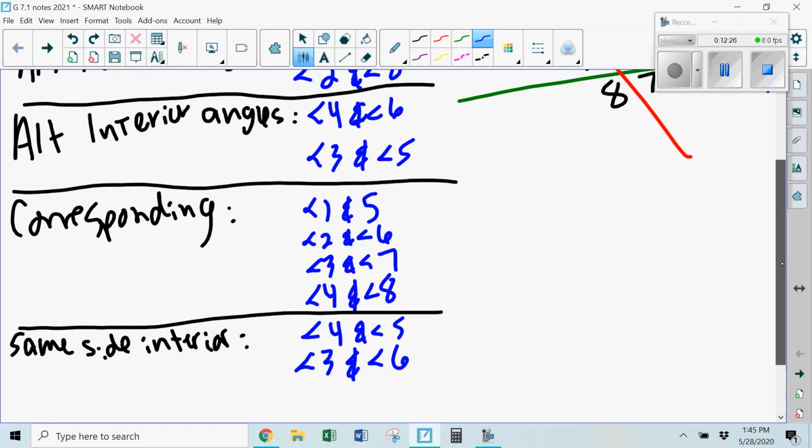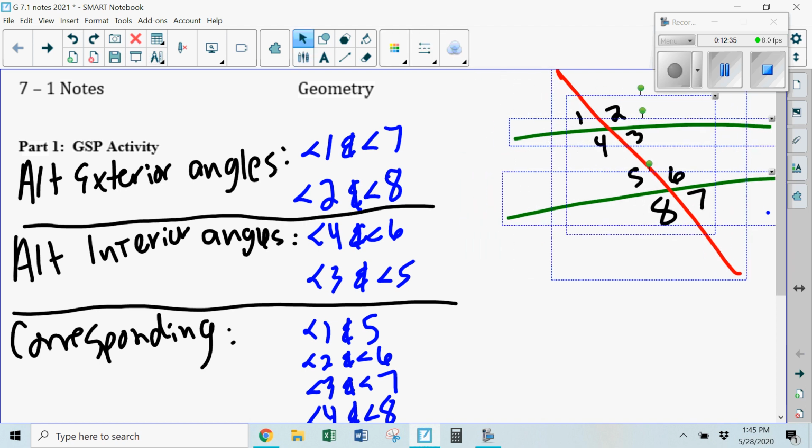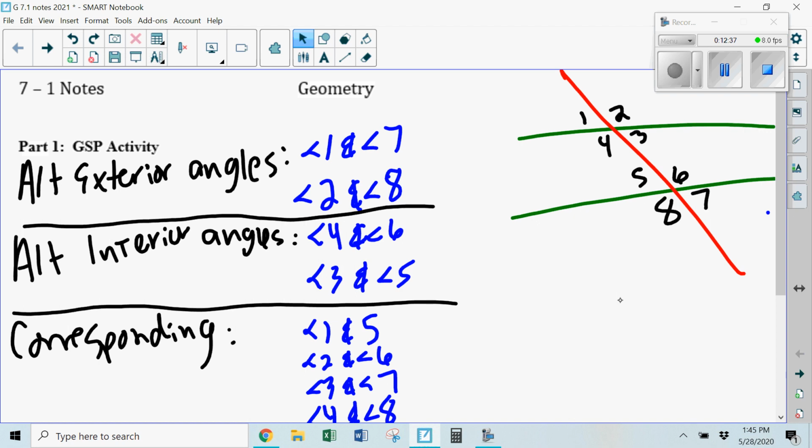Now, remember, when these green lines are parallel, something special happens. Over here, I'm going to put "if parallel." This is the symbol for parallel, kind of like 2 lines that look parallel.